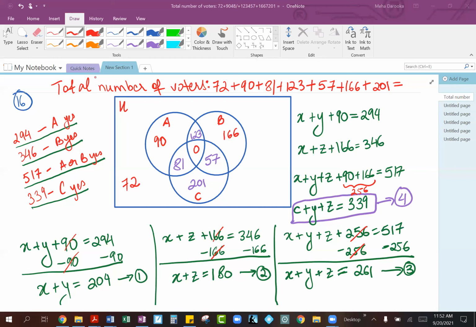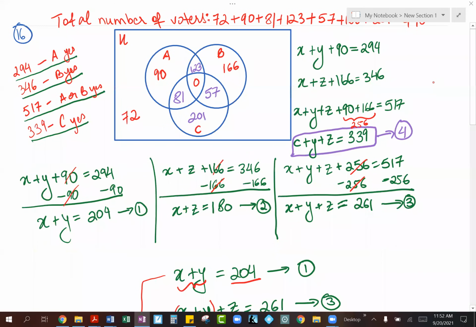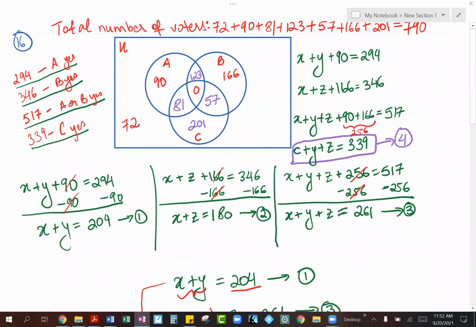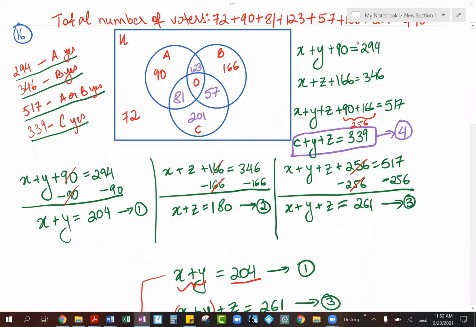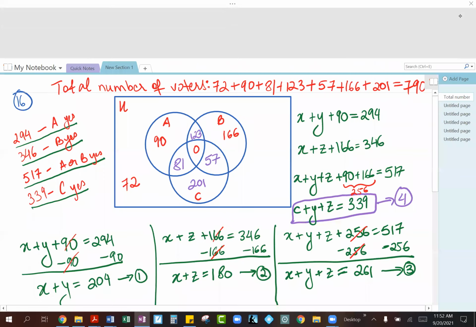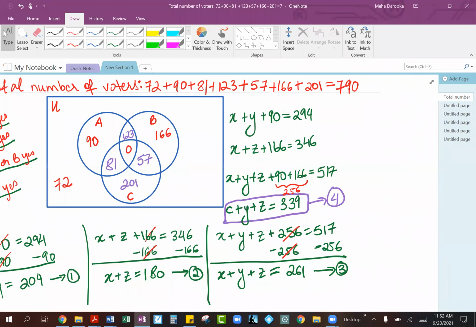Let's go ahead and put that down here. Sorry, that should be a 90. I guess it will not let me do that. Okay, so 790 for our grand total.